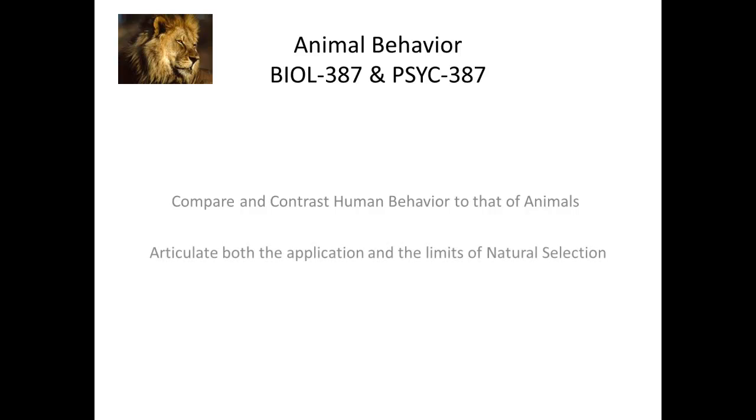And finally, a fifth goal that we have for you in this class is that you gain the ability to articulate both the application and the limits of natural selection.